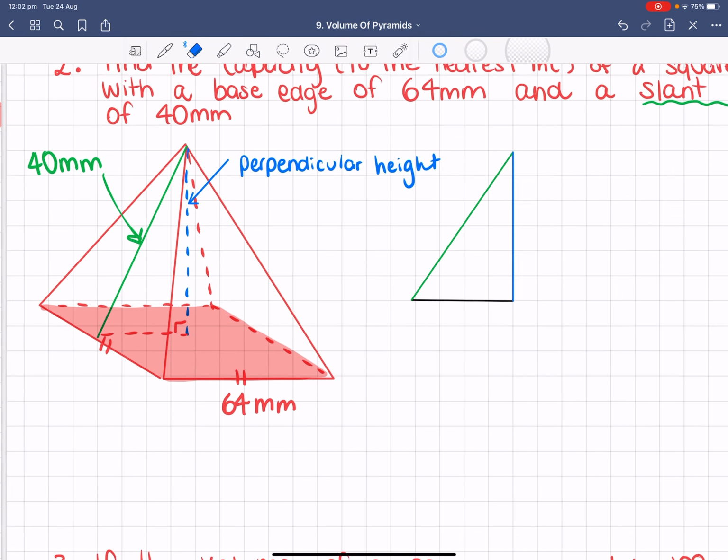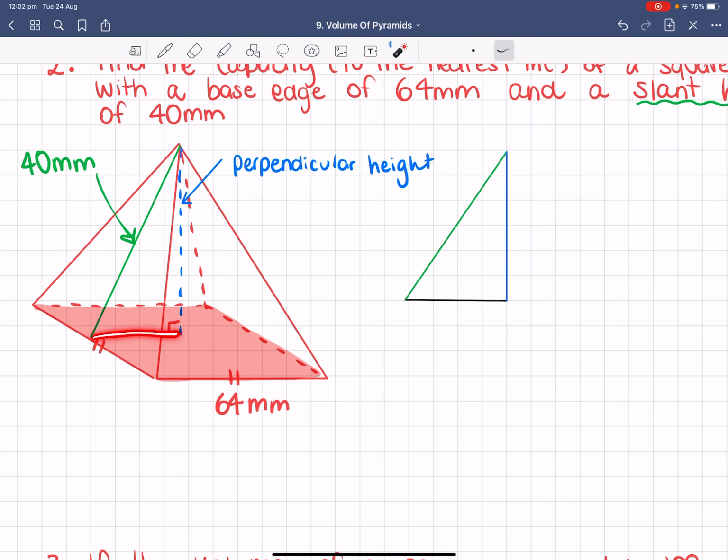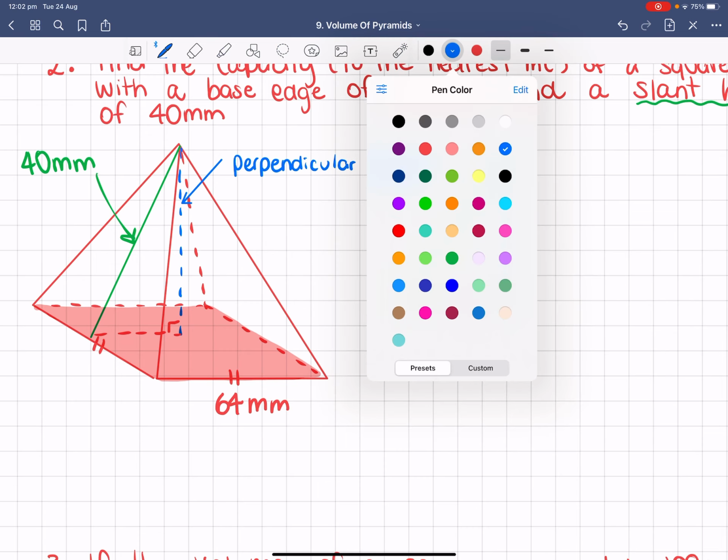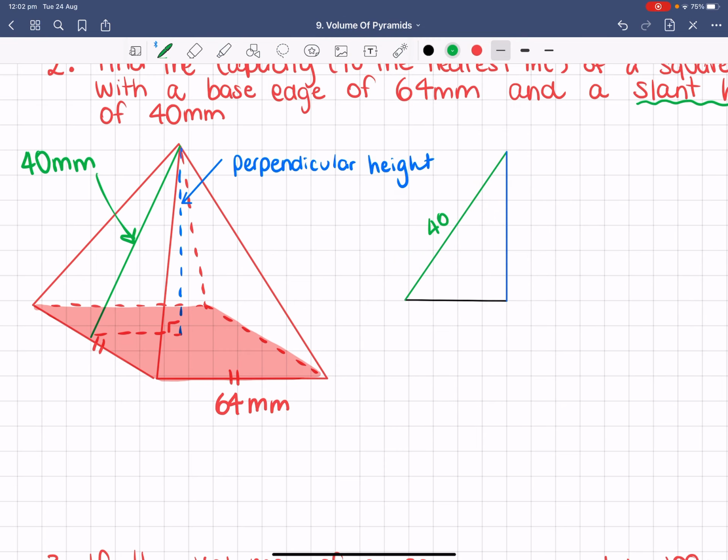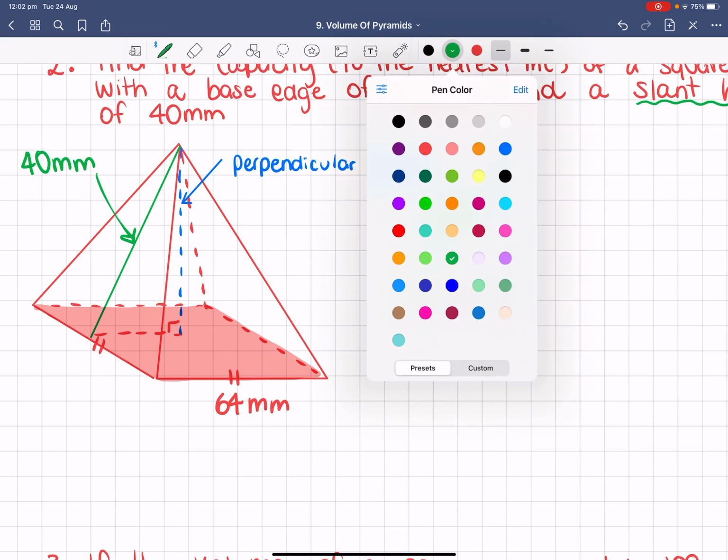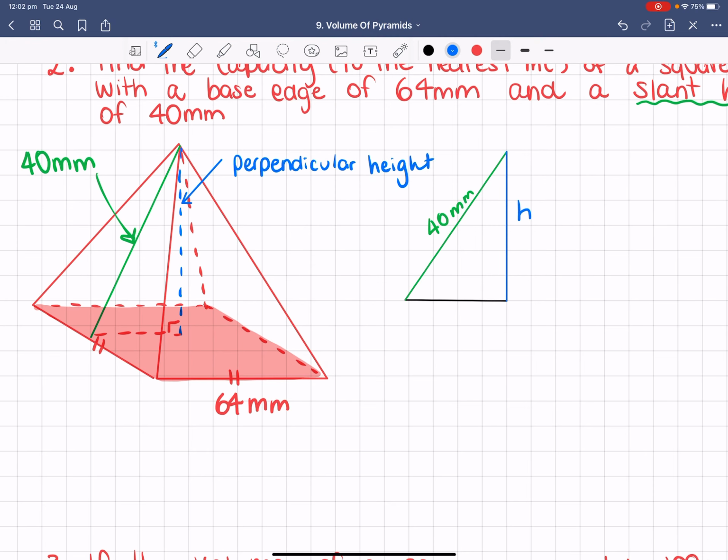And then the base is obviously that length there. So if this is 40, this is the height that we want for our formula.